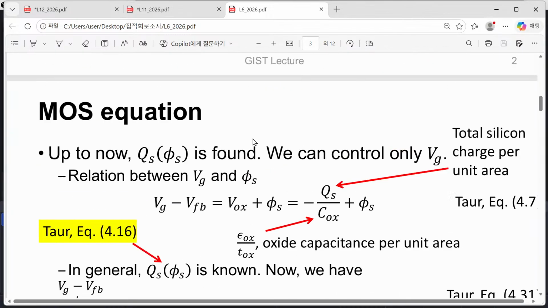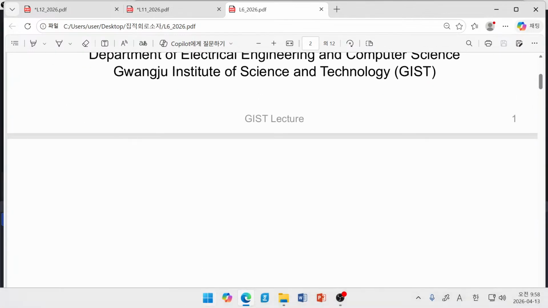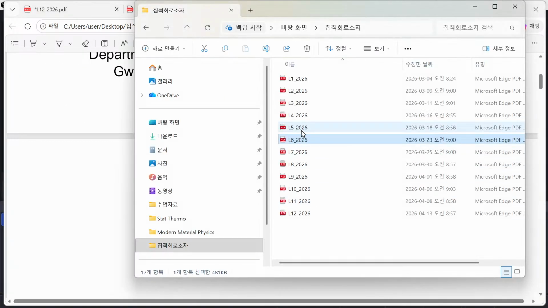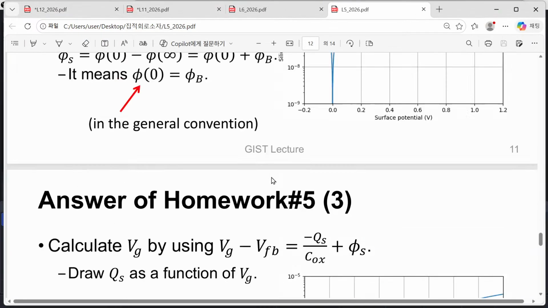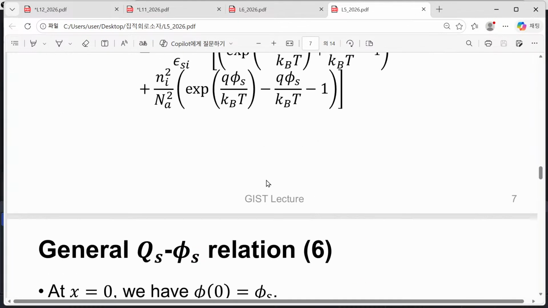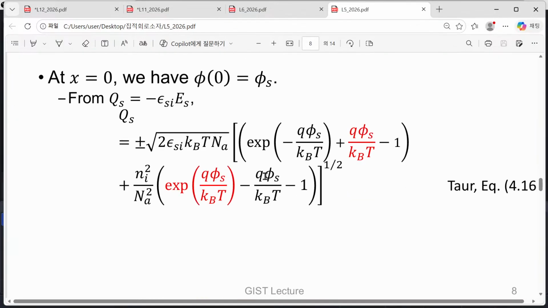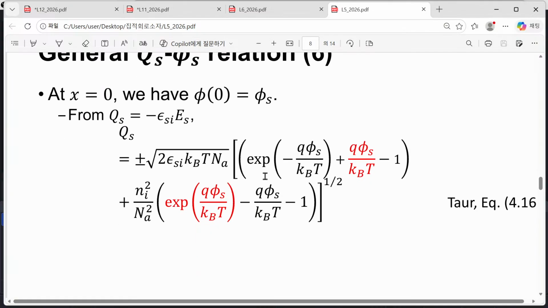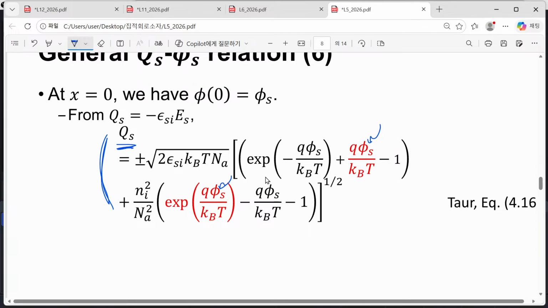Okay, here you can see that we have already studied that when we have a certain surface potential, then we can immediately calculate the total charge without performing any integration.